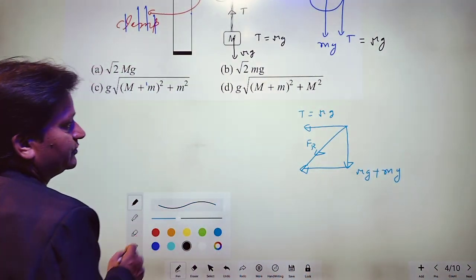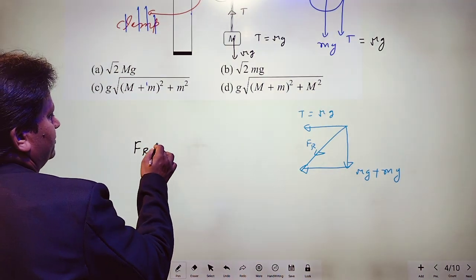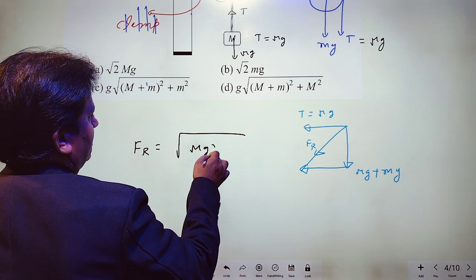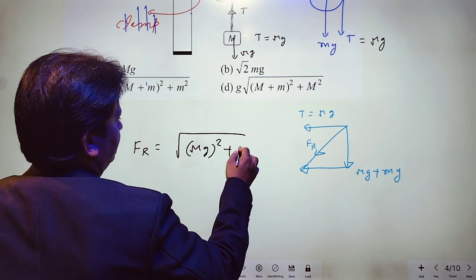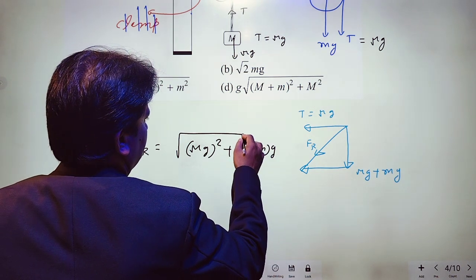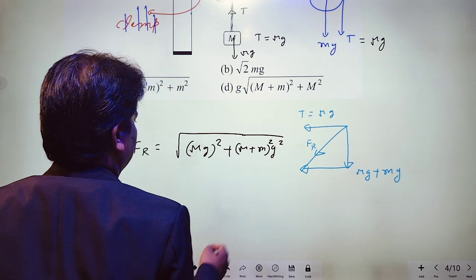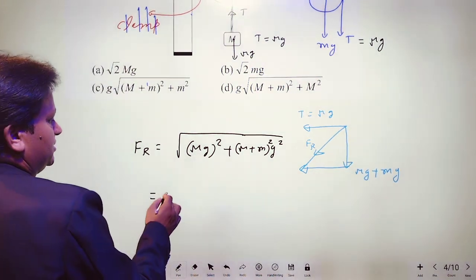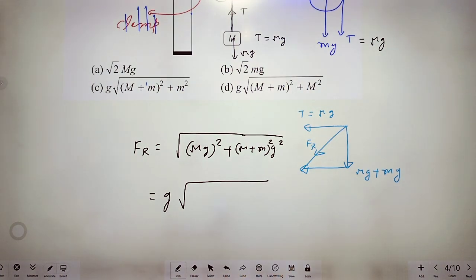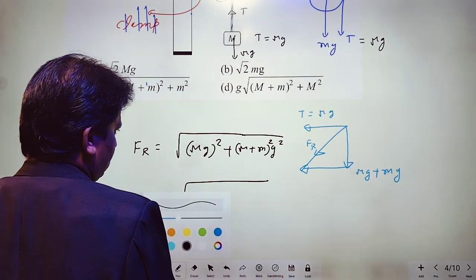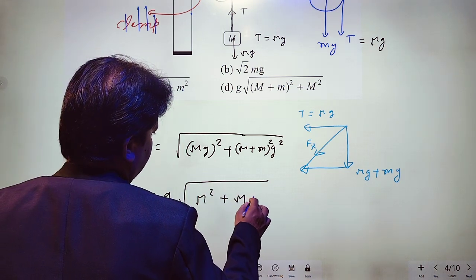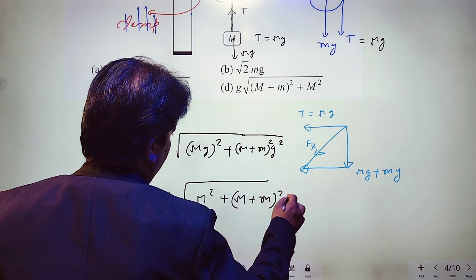This will be Fr is equal to root under Mg square plus mg square. g will be outside of the root and inside the root will be M square plus m whole square.